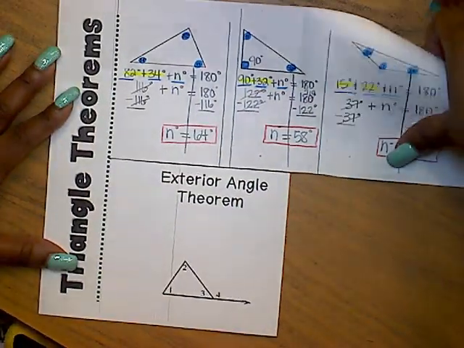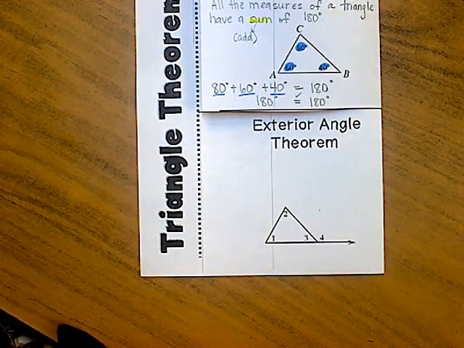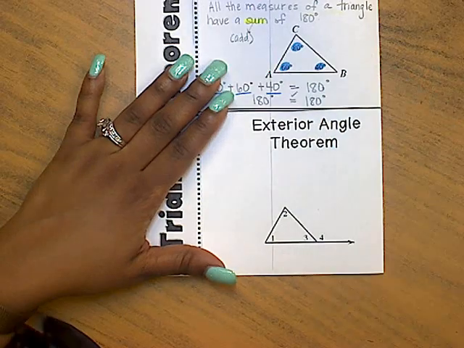Alright, so now that we've done this part, we can go back, and now let's learn about the exterior angle theorem. So we learned that the exterior angle theorem is going to be the following.